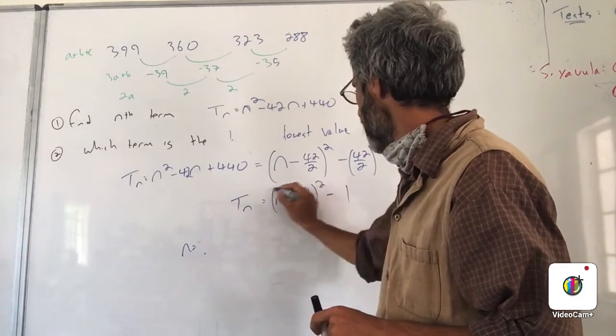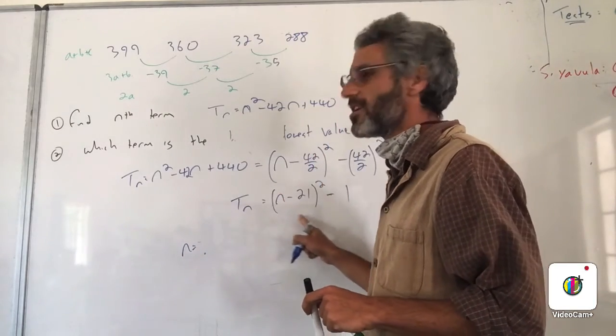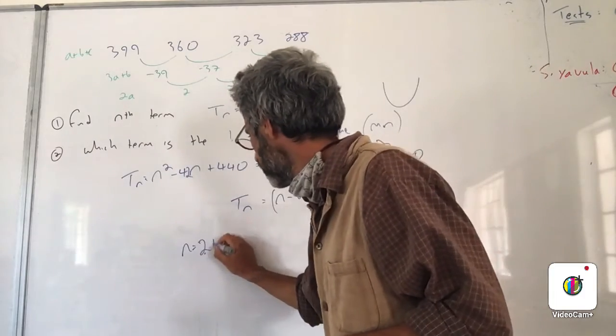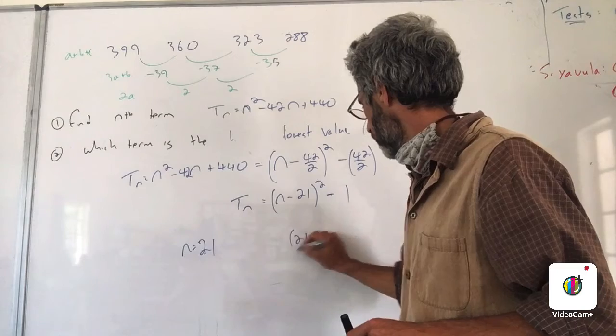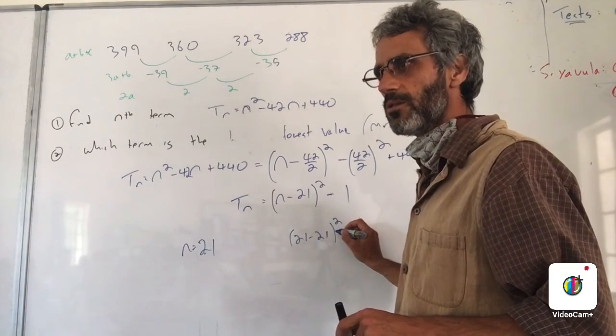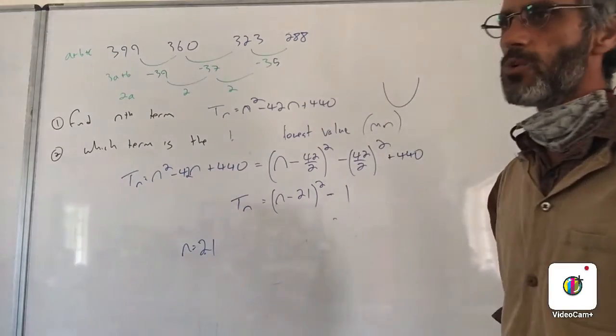It's never going to be negative. It's always going to be positive. But for one n, it's actually going to be 0. 21. For n equals 21. When n is 21, when I put 21 minus 21 squared, that's going to be 0. Okay? So the answer is n equals 21.